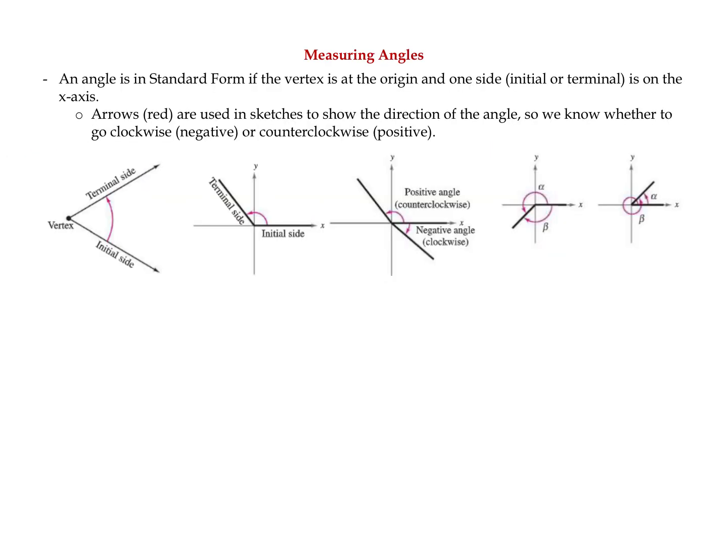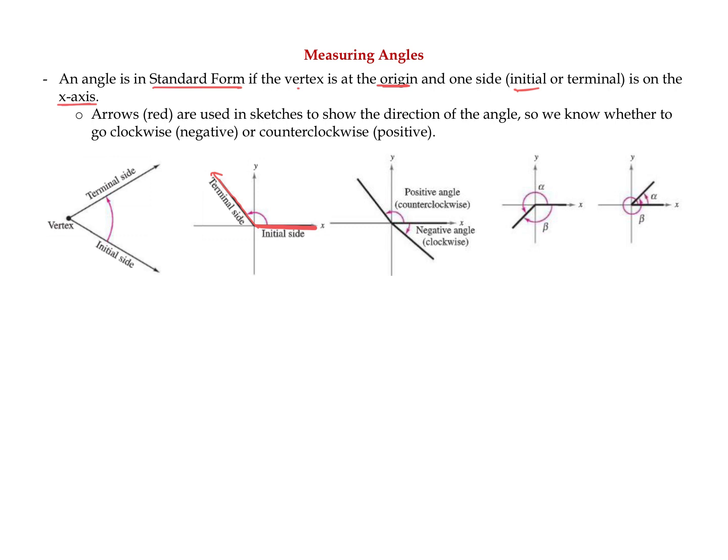Okay, standard form of an angle on the unit circle is where the vertex is at the origin, and one side, the initial side, is on the x-axis. So initial side on the x-axis, it's ending over here. So that's what we want to make sure that you do.